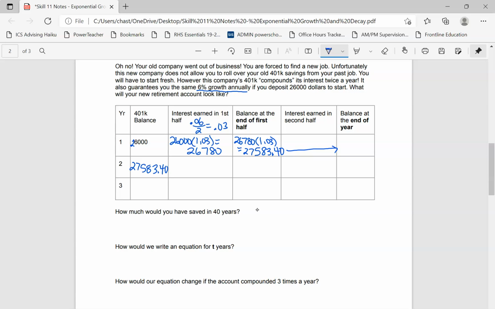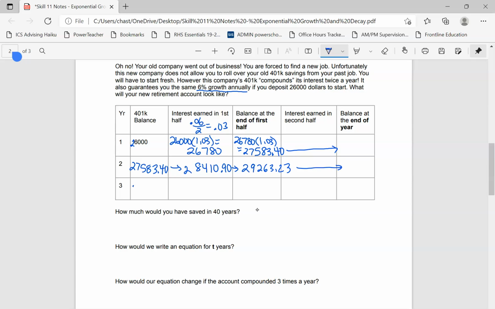I've written the models, I don't feel like rewriting all these, so I'm just going to take that 27,583.40 and multiply it by 1.03. That gives me $28,410.90. Then I multiply that by 1.03, which gives me a value of $29,263.23. That's going to be my balance after year two.